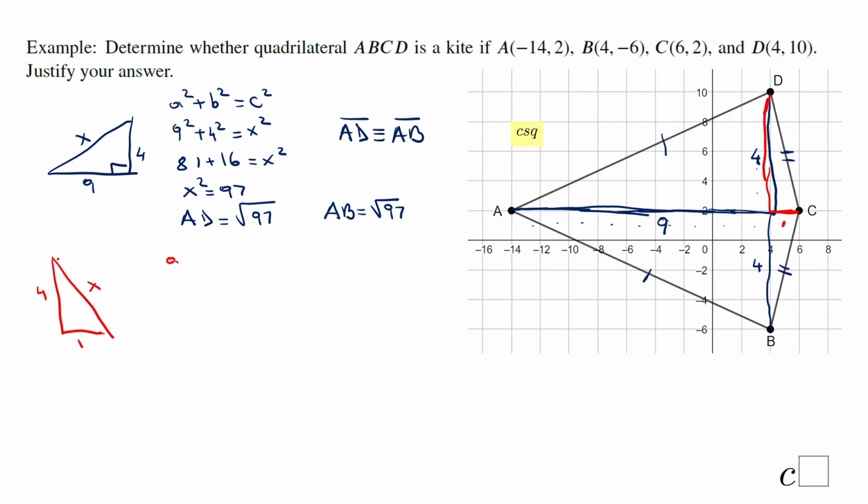A squared plus b squared equals c squared, and we have 4 squared plus 1 squared equals x squared. 16 plus 1 is x squared. Now x squared will be 17 in this case, so x will be nothing else than the square root of 17, but x in this case is BC.